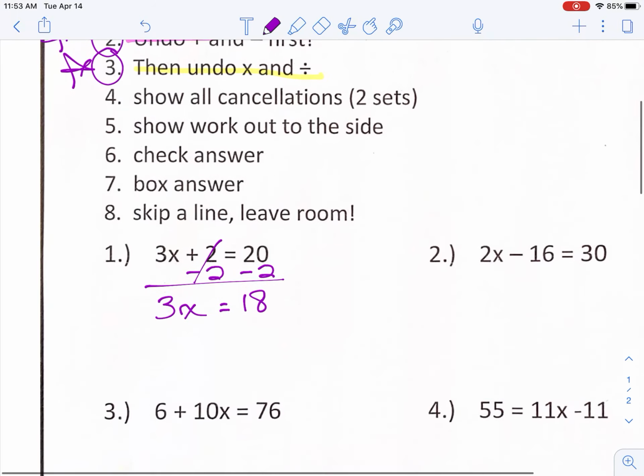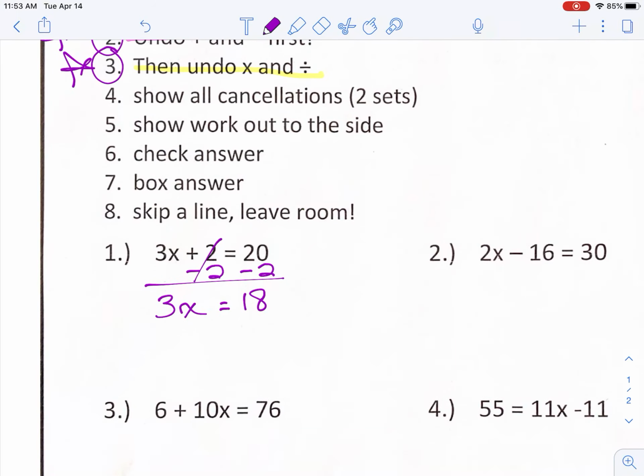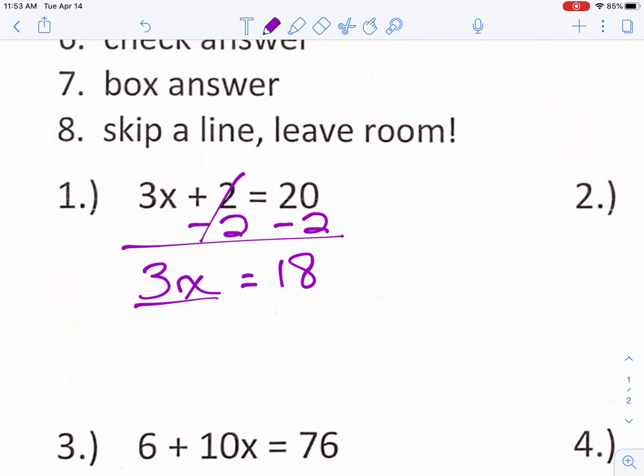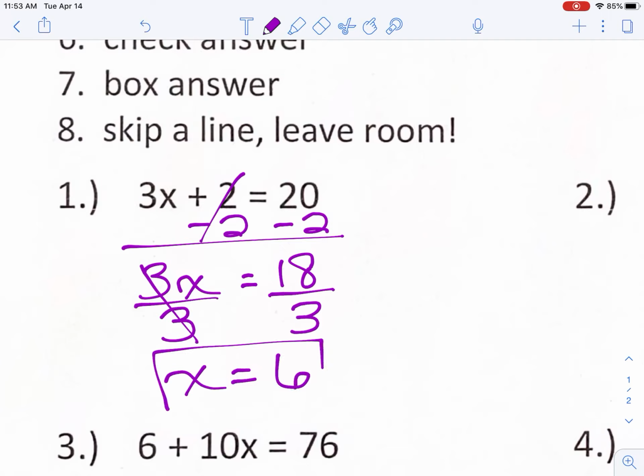Then step 3, undo multiplication or division. So it says 3x, or 3 times something, is 18. Instead of multiplying, we're going to undo it, meaning inverse operation. So instead of multiplying by 3, we will divide by 3 on both sides. 3 divided by 3 is 1x, and 18 divided by 3 is 6.